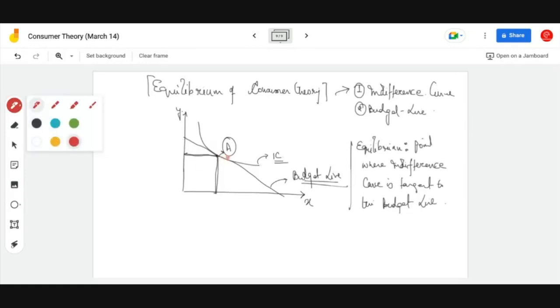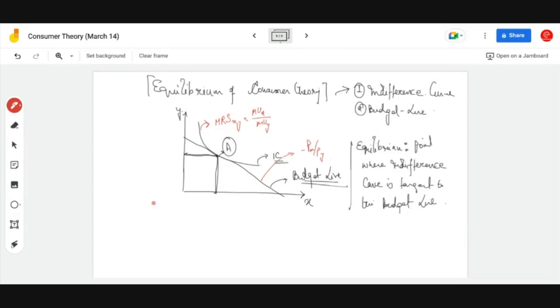Now let's understand what the slope of the indifference curve was. MRS xy is equal to MUX upon MUY. This was the slope. And the budget line slope was minus PX upon PY. Yes or no? Yes, sir.